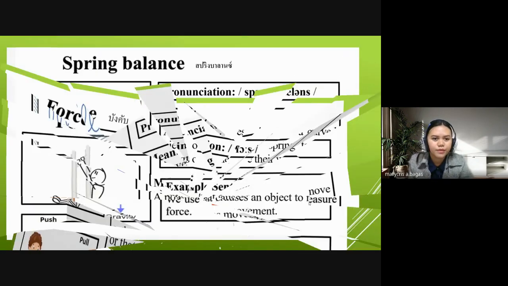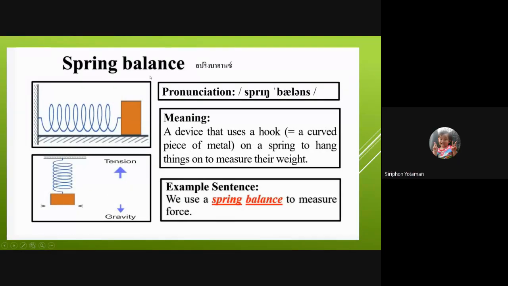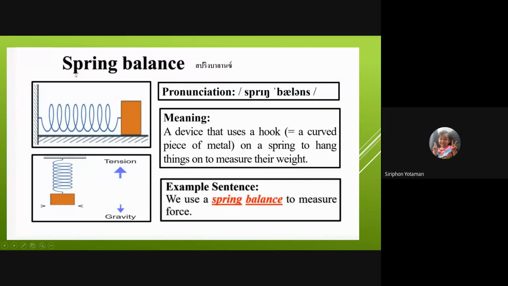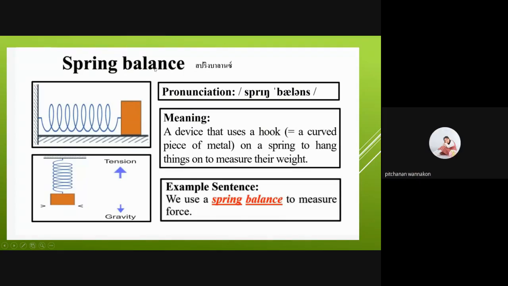Okay, next word is spring balance. Let's spell. S-P-R-I-N-G B-A-L-A-N-C-E.